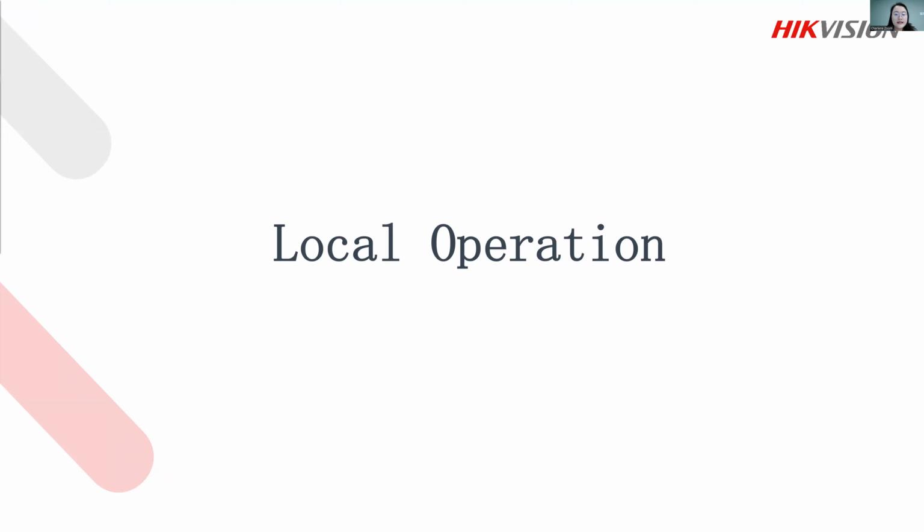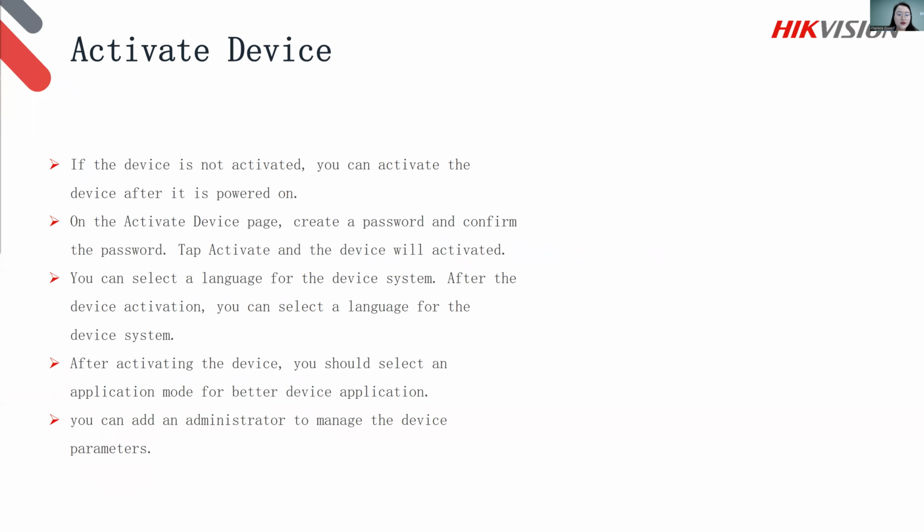The next part is related to our local operation, the operation on the device itself. The first thing is that we need to activate our devices, otherwise we cannot enter the menu.